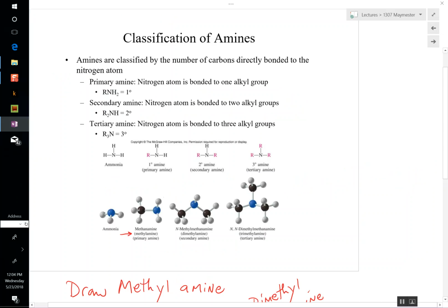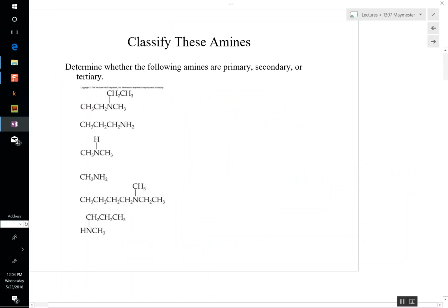Let's see, did I miss anything? Okay. So the important thing on this slide is classifying them, primary, secondary, tertiary. Okay, let's classify these. We won't worry, we're going to come back and name these in a minute, but let's just classify them. The top one is what kind of an amine? Tertiary.